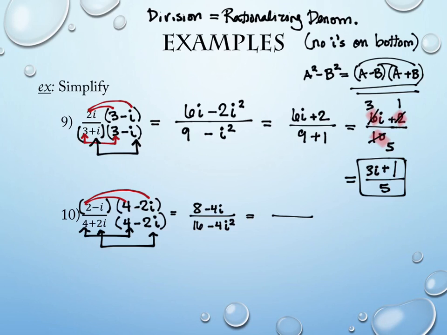My inside terms, which is -i and 4, gives me another -4i. And then my last 2 terms multiplied, -i and -2i, gives positive 2i squared.